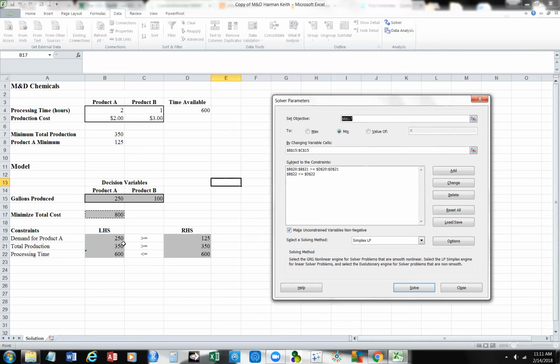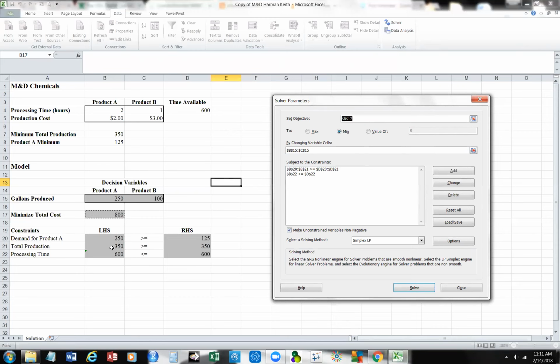Okay, and that figure must be equal to or greater than, that's the 125, that's the demand, so that's how much you got to produce. This must, on the left-hand side, this must be total production.